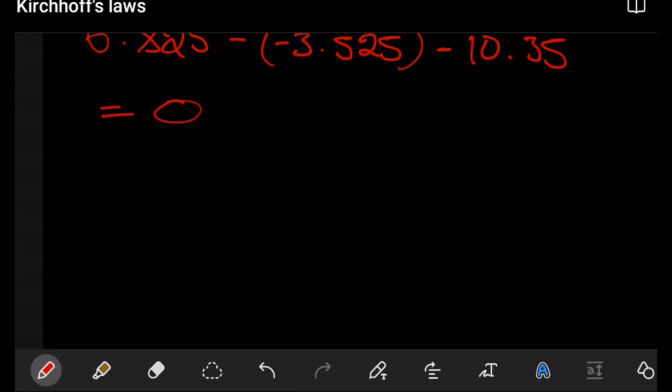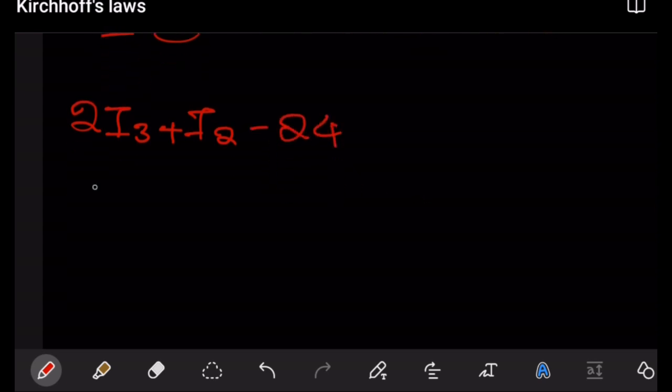We can try them. Equation 2. Equation 2, at one point, to derive it, we had, let's just have the equation first. Let's see which one was equation 2. Okay, so from equation 2, we have 2 I3 plus I2 minus 24. Let's see, does this give us a 0?